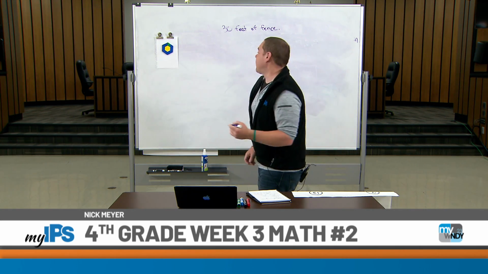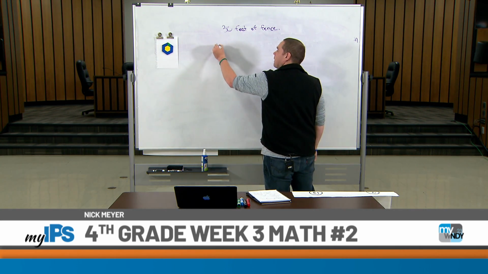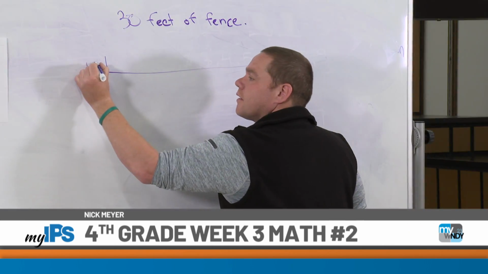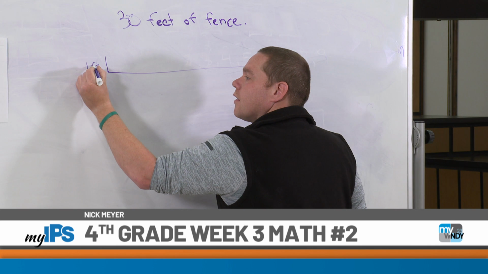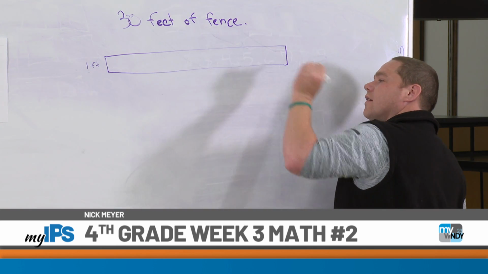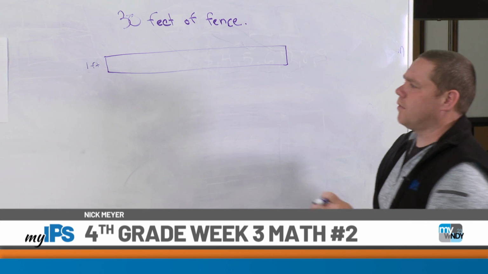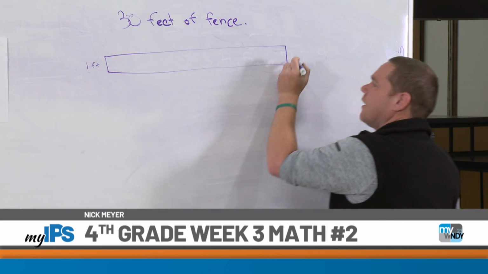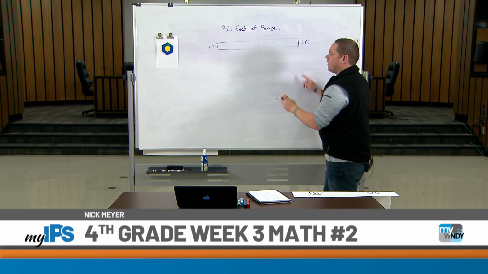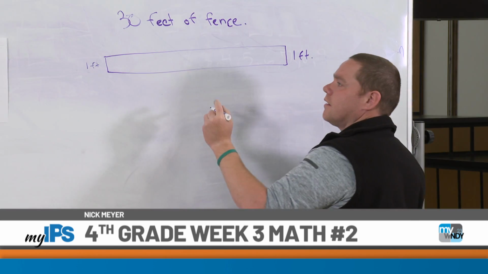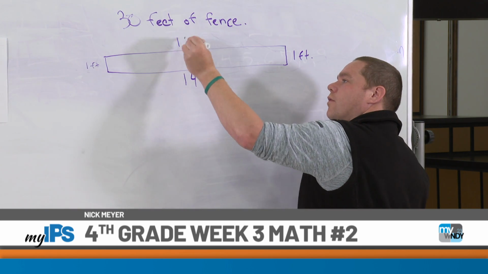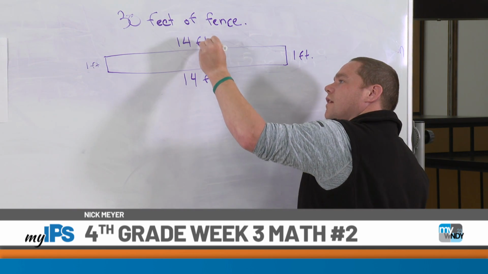So one way they can make their fence would be 1 foot by, how many feet? If they had 1 foot here, they'd have 1 foot there. How long would this have to be? 14 feet.